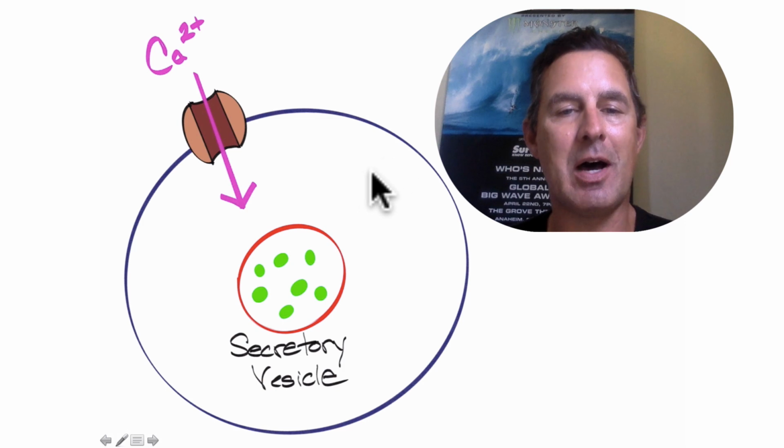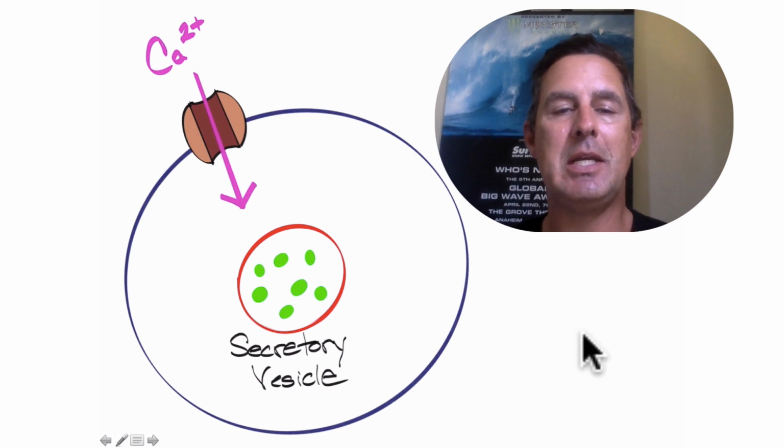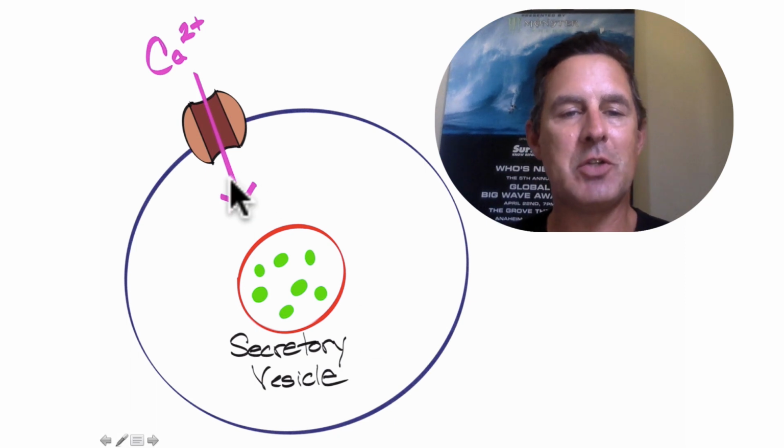That stimulus, oftentimes, not always, is calcium. The influx of calcium into cells will facilitate exocytosis, which ultimately releases these green molecules out to the extracellular fluid.